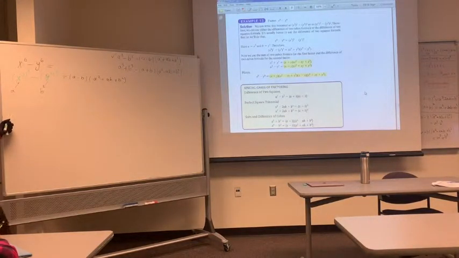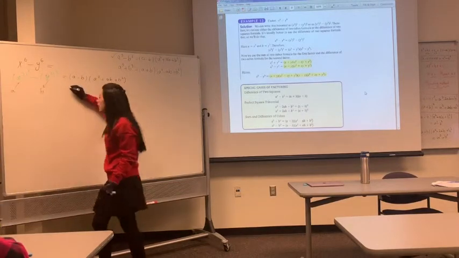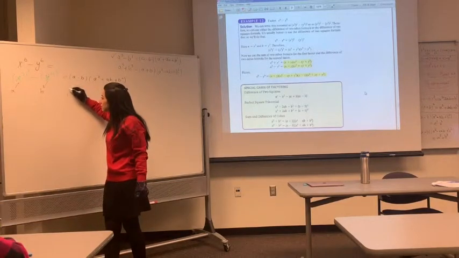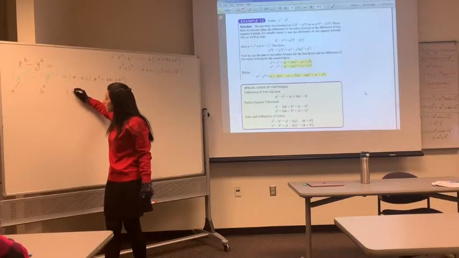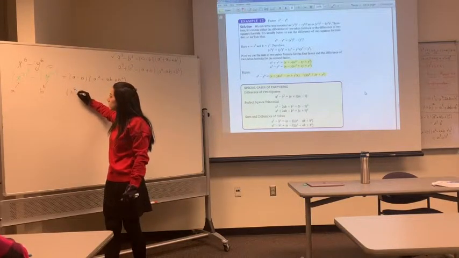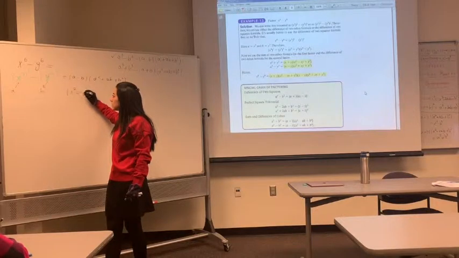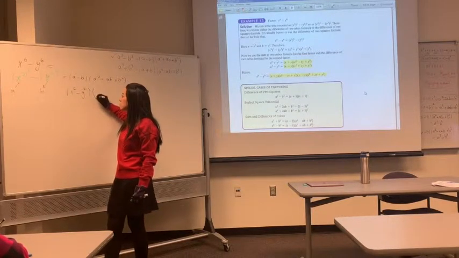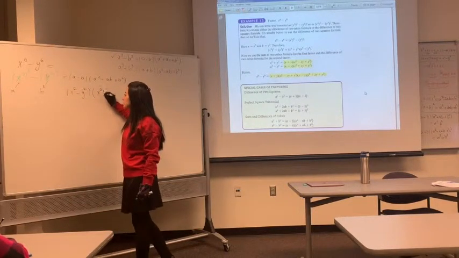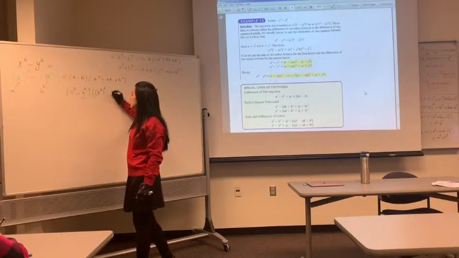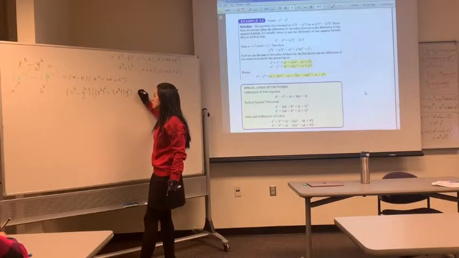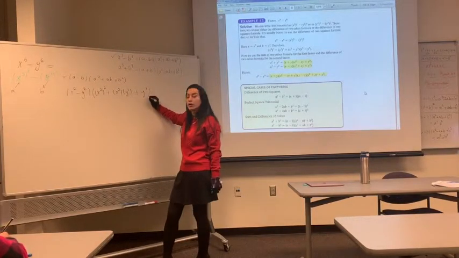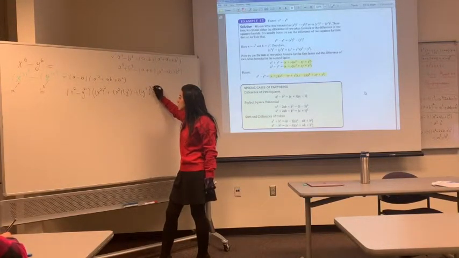Right? So instead of a, I'm going to write down x power 2 minus y power 2, multiplied by (x power 2) power 2 plus x power 2 multiplied by y power 2 plus (y power 2) power 2.